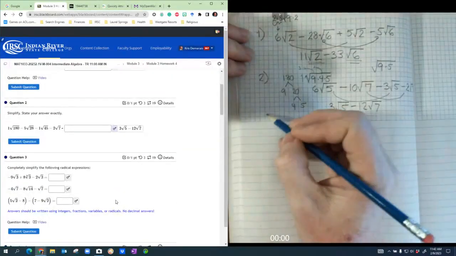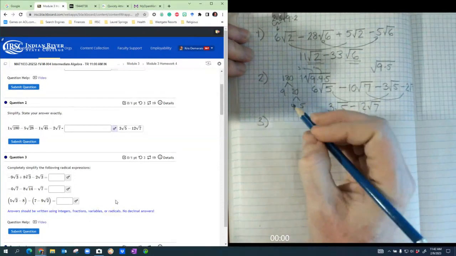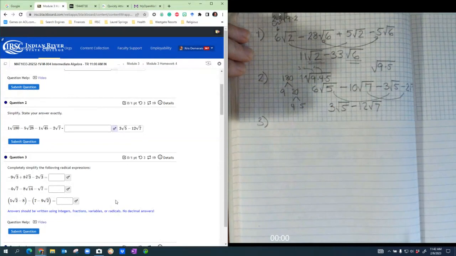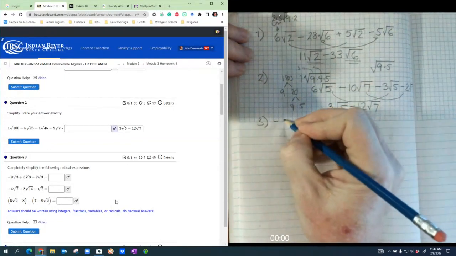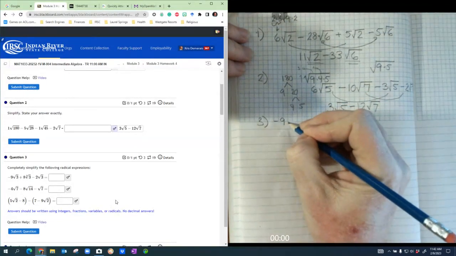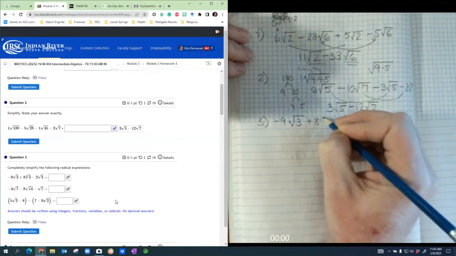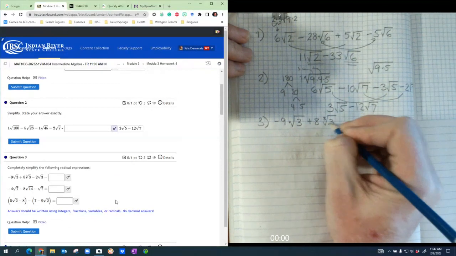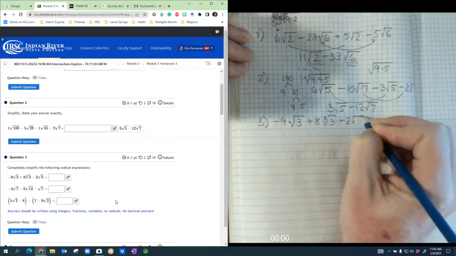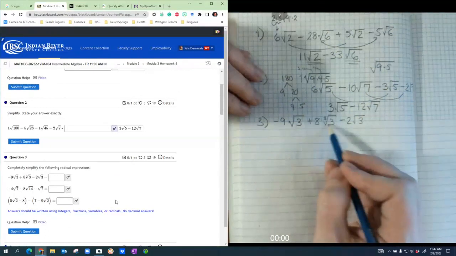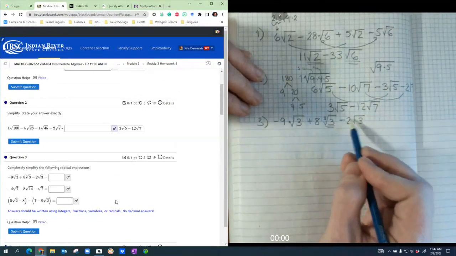Now, number 3, it says completely simplify. Now, again, we're looking at simplifying this right here. So let's write it down first. What this is testing us on is the fact that, just because these are the same, the indexes are not.